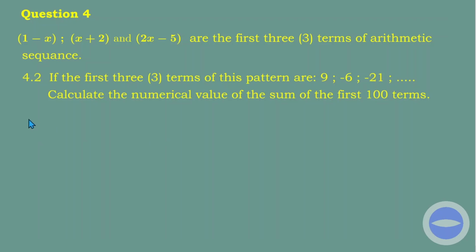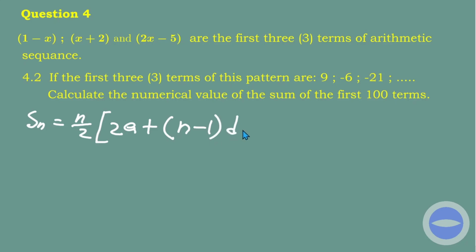The formula to calculate the sum of an arithmetic sequence goes like: the sum Sn is equal to n over 2, then open brackets, 2 multiplied by a plus n minus 1 multiplied by d. Then we close this big bracket.